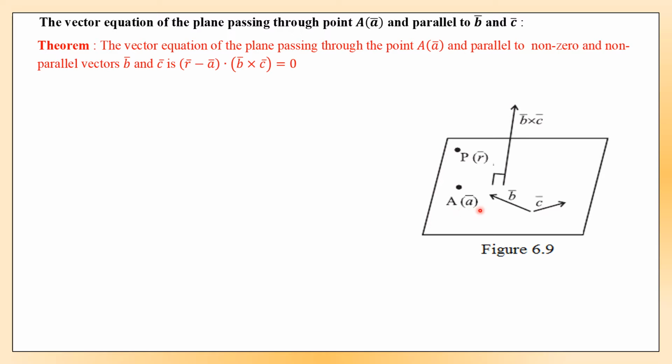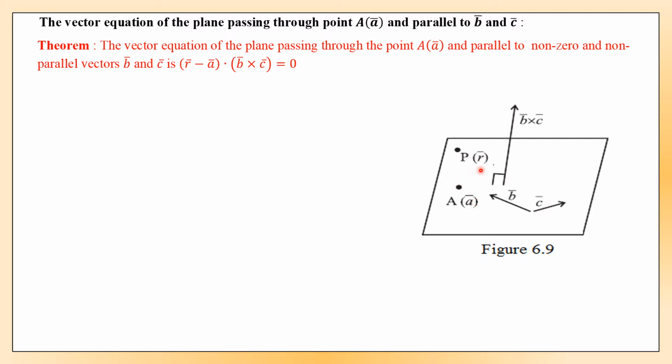The plane has two vectors, B vector and C vector. Both are non-parallel vectors, but these vectors lie on the plane. Therefore, these two vectors are parallel to the plane.